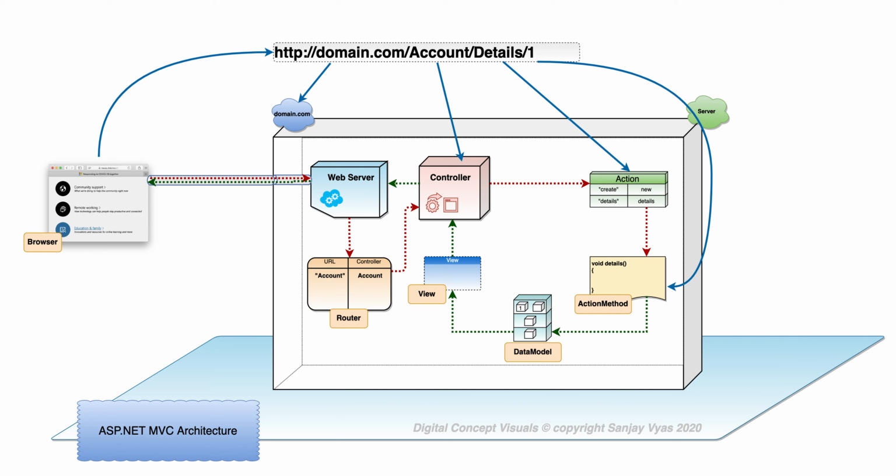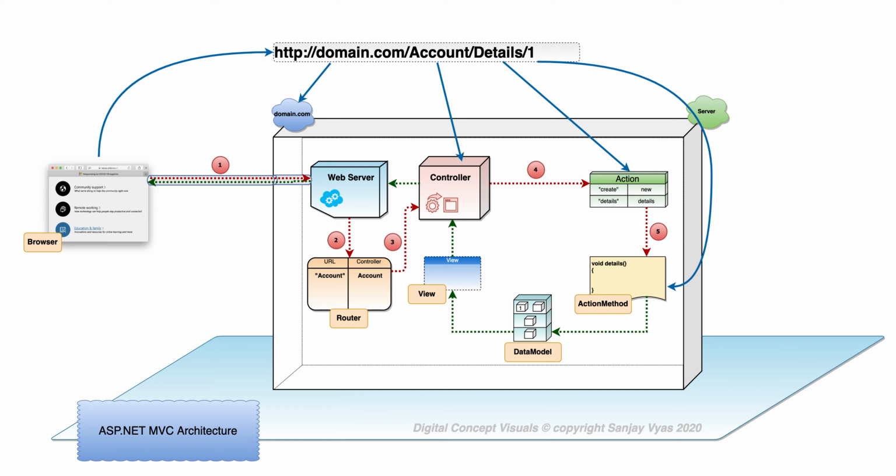It's easy. We just need to know the flow. So let's take a look at it again. The browser makes a request. Server decides which router and which controller. It loads the controller and passes the action to it.